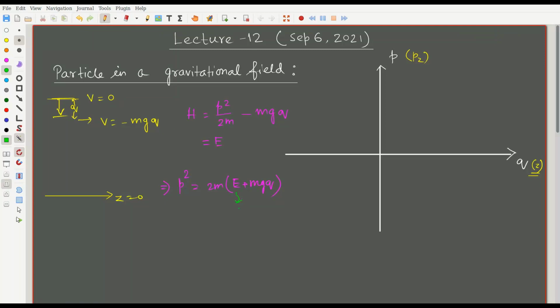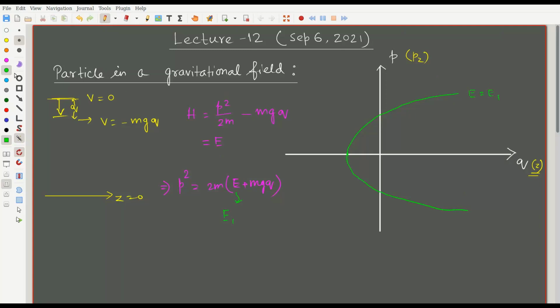As you see, this is an equation of a parabola. Suppose I take E equals E1, then it will trace out one of the parabolas. At p equals 0, q should be minus E1 by mg. So this is for E equals E1.